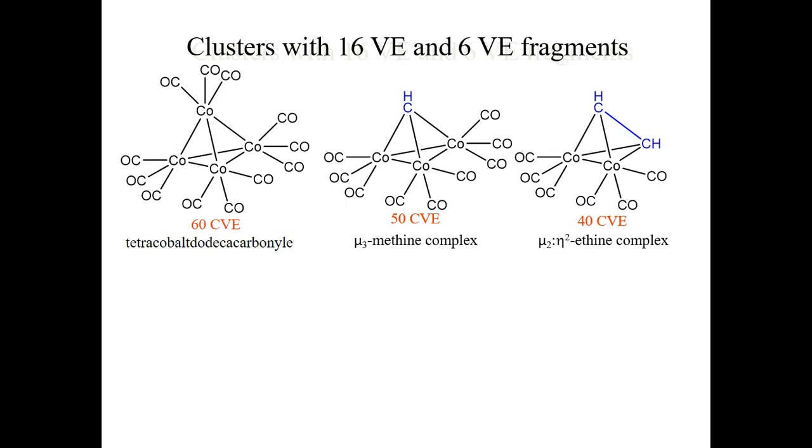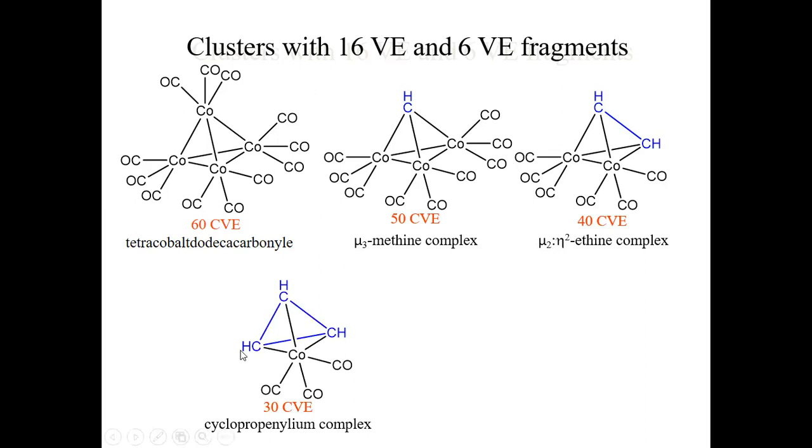Okay, now we can even do this for a third time, and then we get this very interesting molecule. And this molecule can be conceived as a cyclopropenyl complex, okay, in which we actually have a cyclic ligand that binds side on to a CO3 fragment. So in this case, we would have in this ligand formally a carbon-carbon double bond, okay, and an additional radical pi electron.